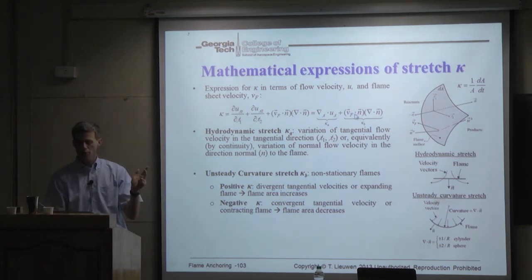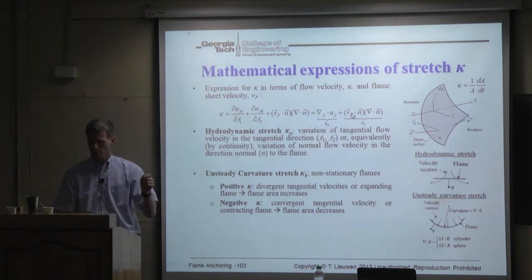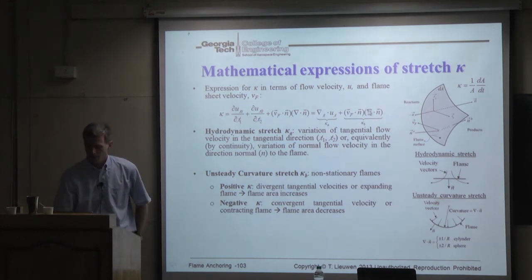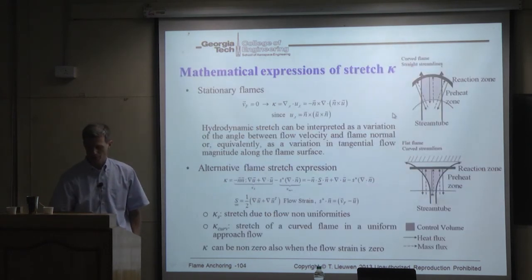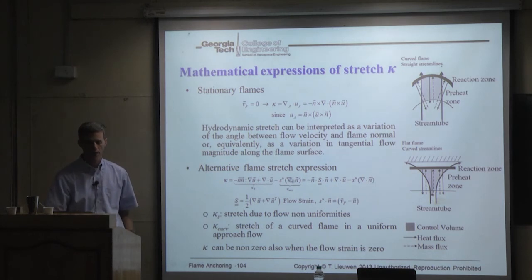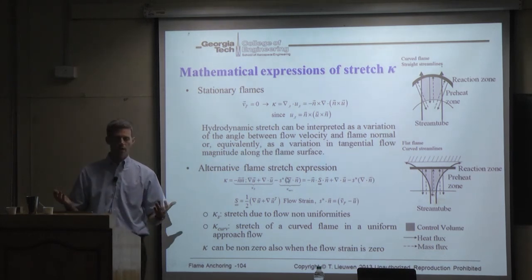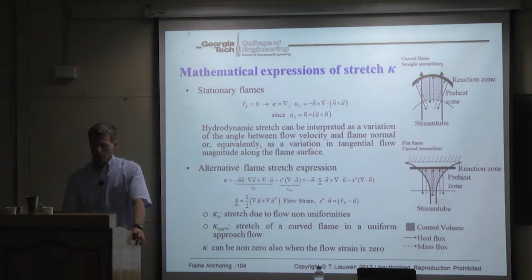If you write V_F equal to U minus S_L times N, you can take one of those terms and dump it over here, and the other term, the S_L del dot N term, gets stuck right here. So these two expressions are completely equivalent. They just show you two different things.